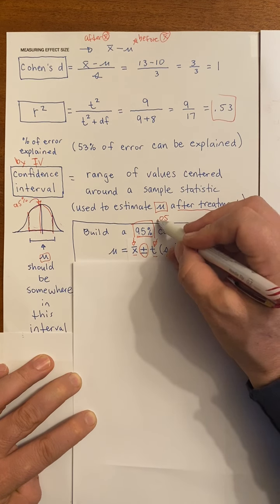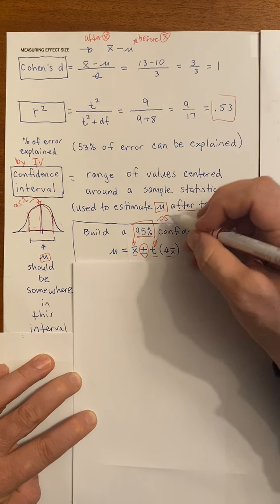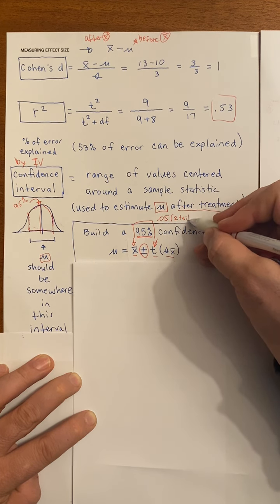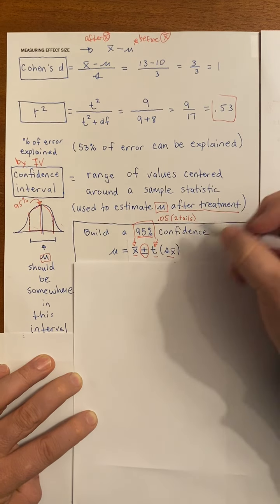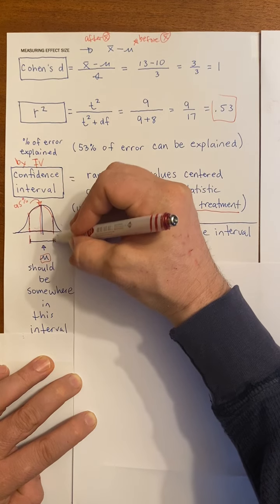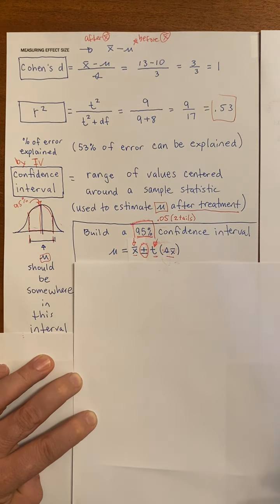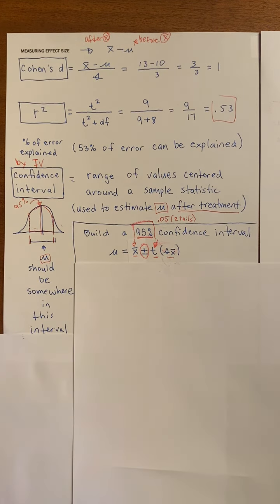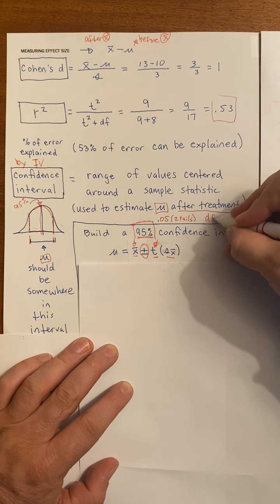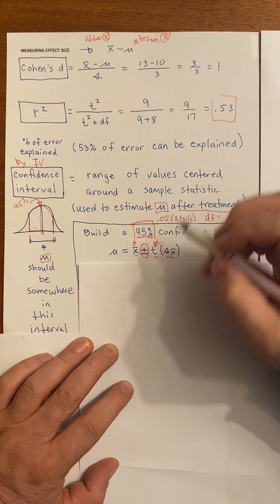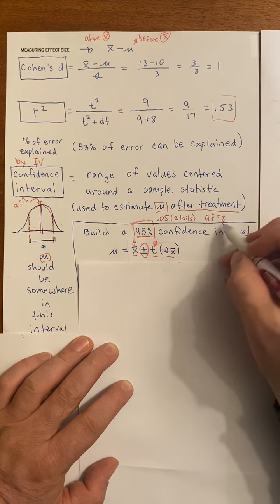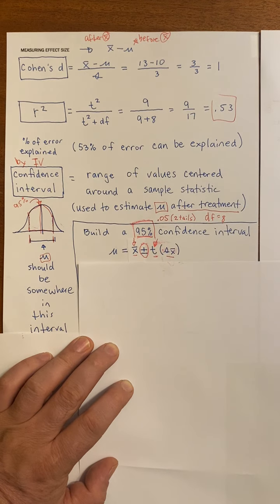In addition, we're going to look for it on the 2 tails row. Why the 2 tails row? Because we're talking about having these 2 intervals, we're creating 2 tails. You also had to have your degrees of freedom, and you're going to use the same degrees of freedom that you calculated before. It was 8 because your sample size is 9.